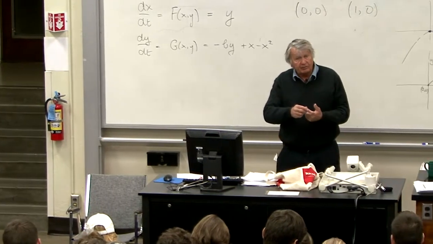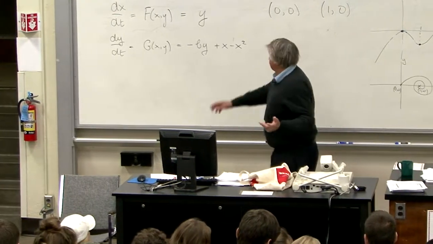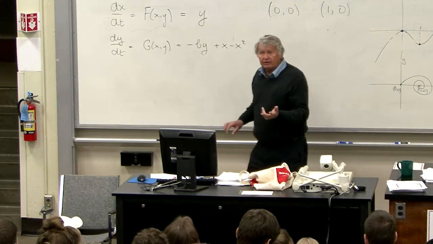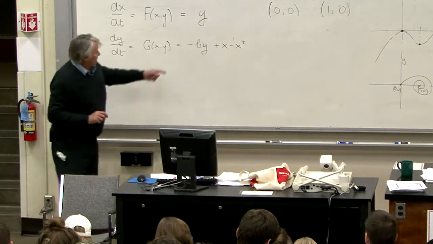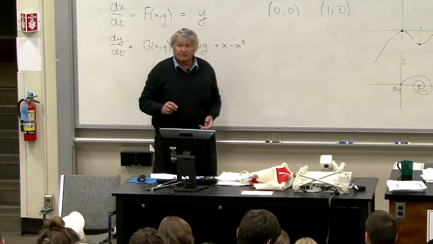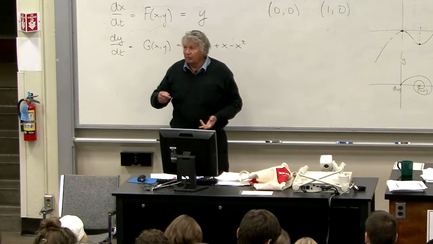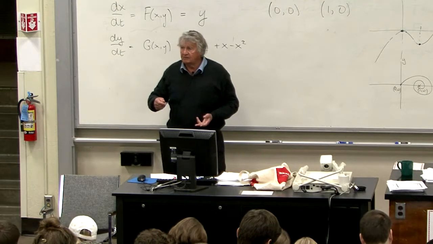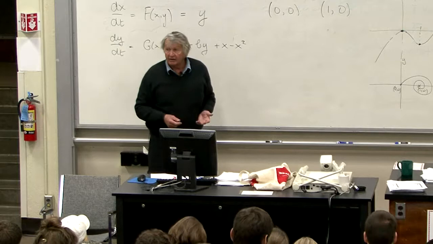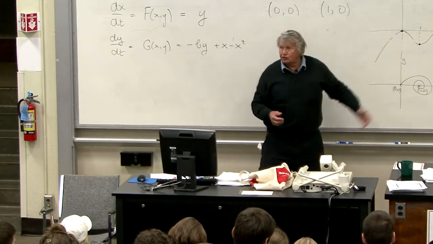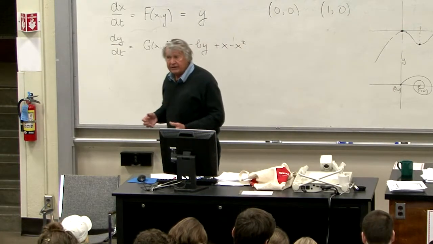So, the first thing we do is work out what the equilibrium points are. If possible, we also try to understand the physics of the situation, what the science is, what this represents, so that we have some intuitive recourse.